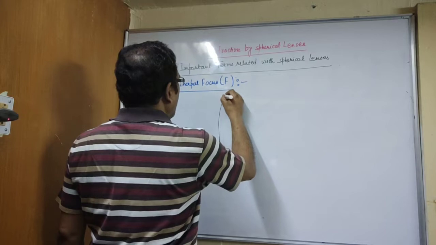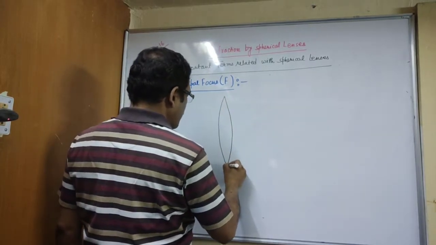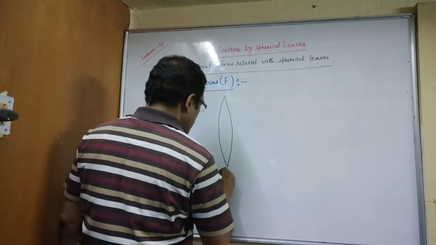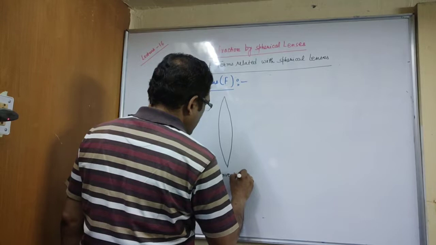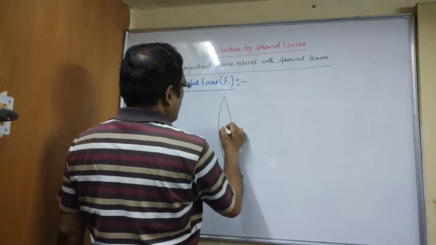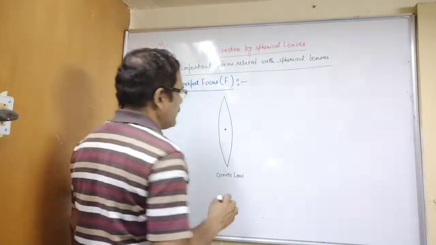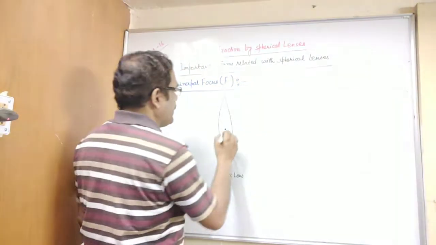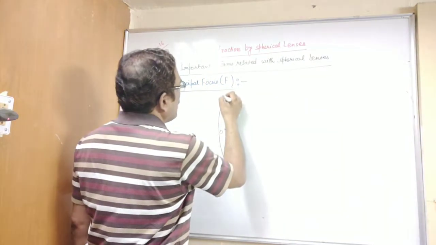Suppose we have a double convex lens. This is a convex lens. Mark a point O at its center. As you know, this point is the optical center of the lens.